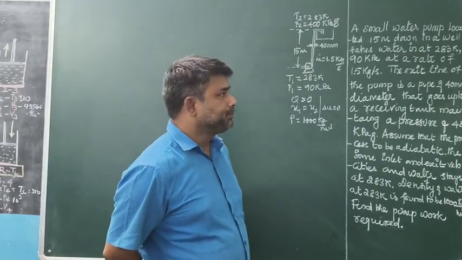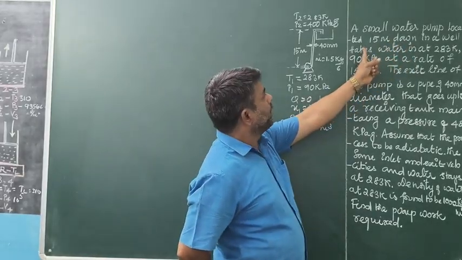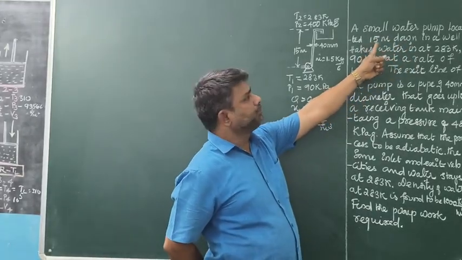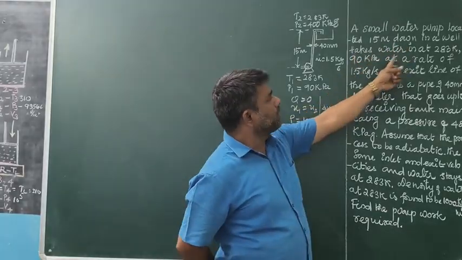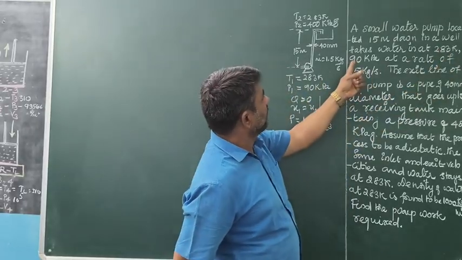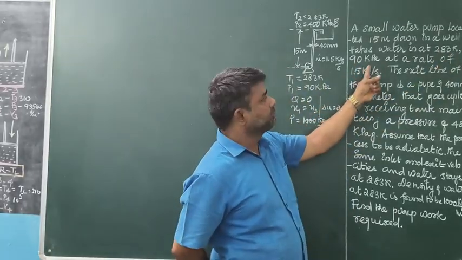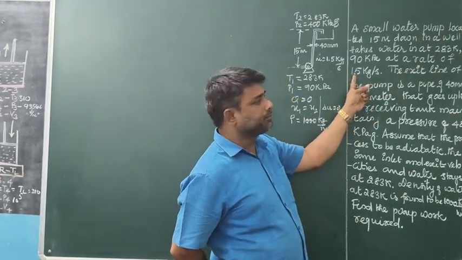The problem is: a small water pump located 15 meters down in a well takes water in at 283 Kelvin and 90 kilopascal at a rate of 1.5 kg per second.